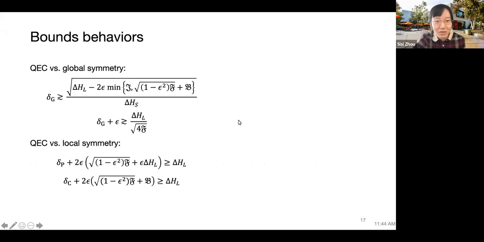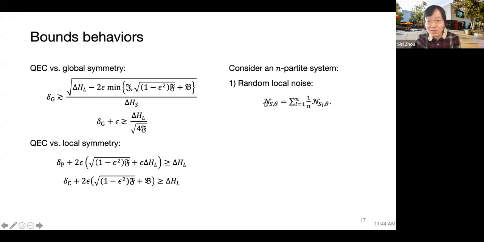So okay, now I'm just going to talk about the behavior of these bounds. We have two trade-off relations for global symmetry and two relations for different types of local symmetries. Now I'm going to consider different types of noise. The first, quite important type of noise is random local noise. Basically we are assuming that the noise happens randomly but locally on different subsystems.